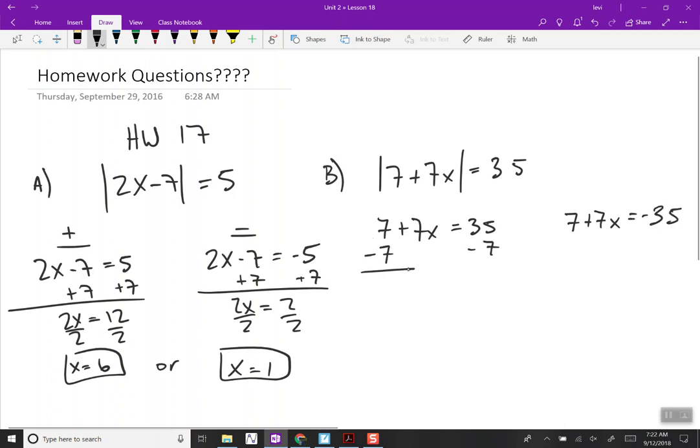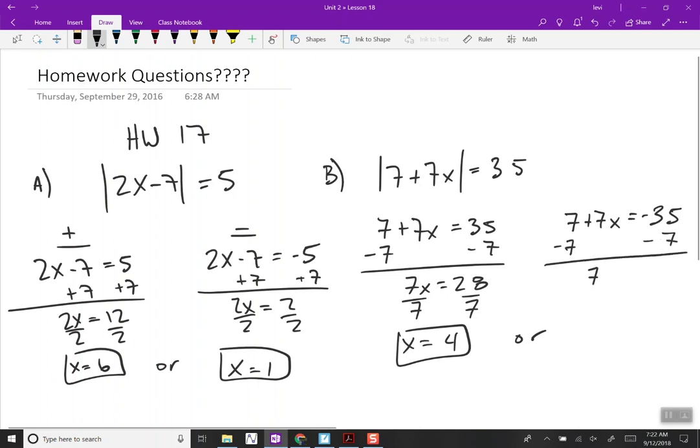Subtract 7. 7x equals 28. Divide by 7. X equals 4. Or subtract 7, steps will always be the same. 7x equals negative 42. Divide by 7. And x equals negative 6.